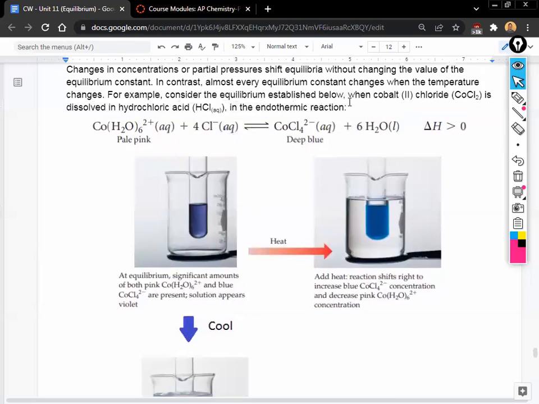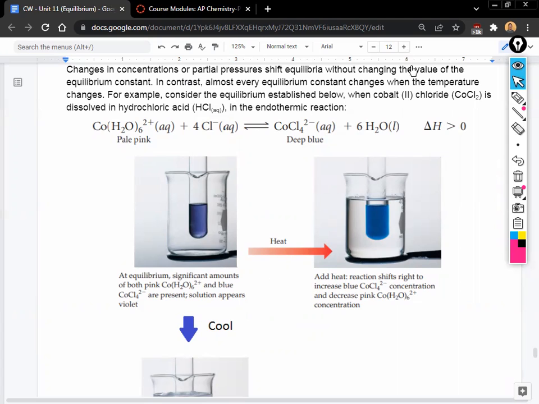Depending on the temperature, this equilibrium is going to change, and for this system, it's actually going to change color. The reactant on the left is a pale pink color, and the compound on the right is a deep blue color. At equilibrium, when there are significant amounts of both reactant and product, the solution is going to be a violet color, a mix between pink and blue.